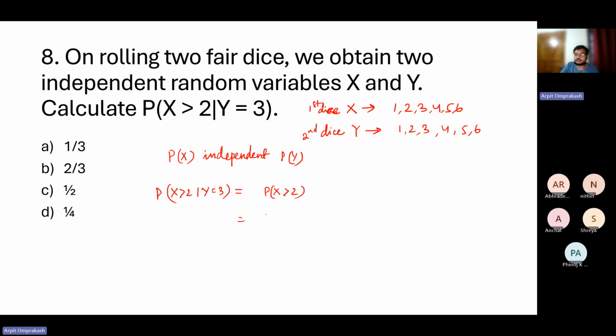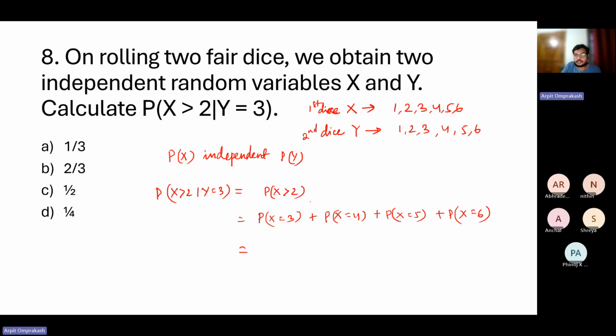Right. So in this case, we have to calculate what is the probability that X is greater than 2. So that will be the probability that X is equal to 3 plus the probability that X is equal to 4 plus the probability that X is equal to 5 plus the probability that X is equal to 6. Right.